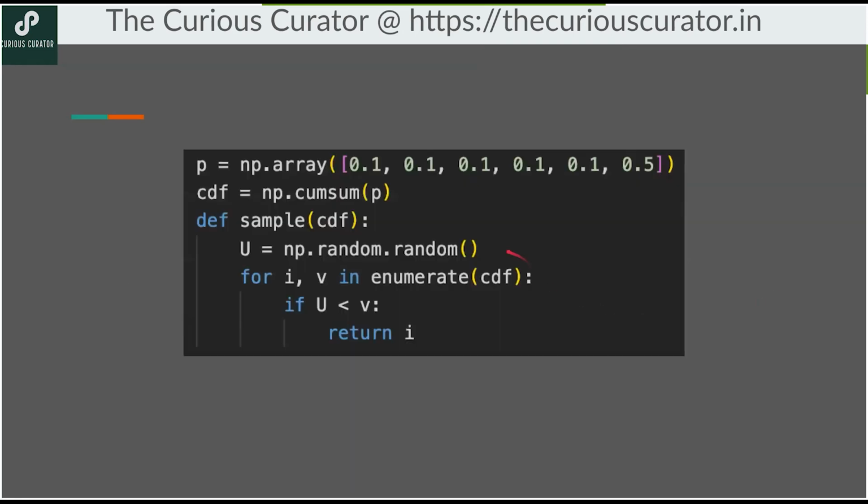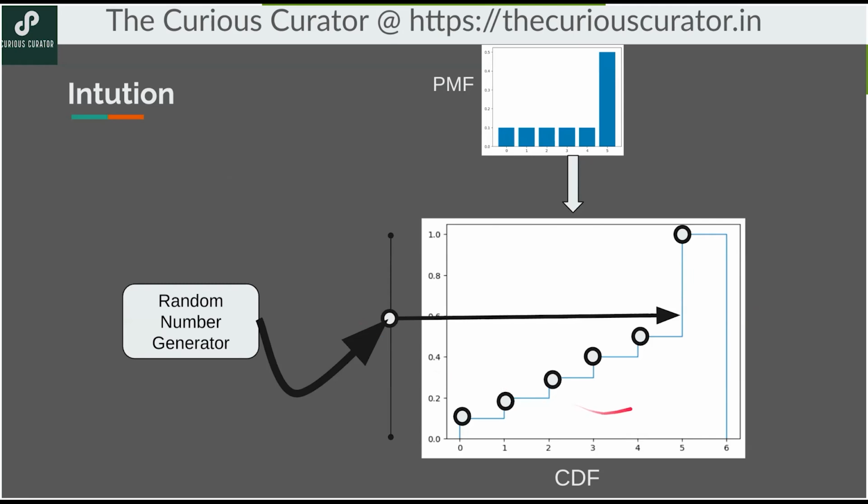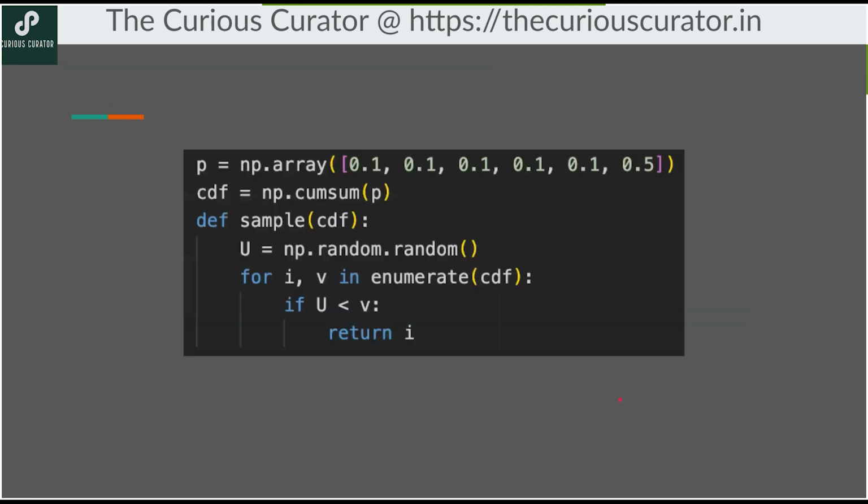And this was the code. So I told you right now that the inverse of a step function is a collection of if statements. So that's what it is. So again, it's simple. I have my P. I find my CDF. I want to sample using the CDF.